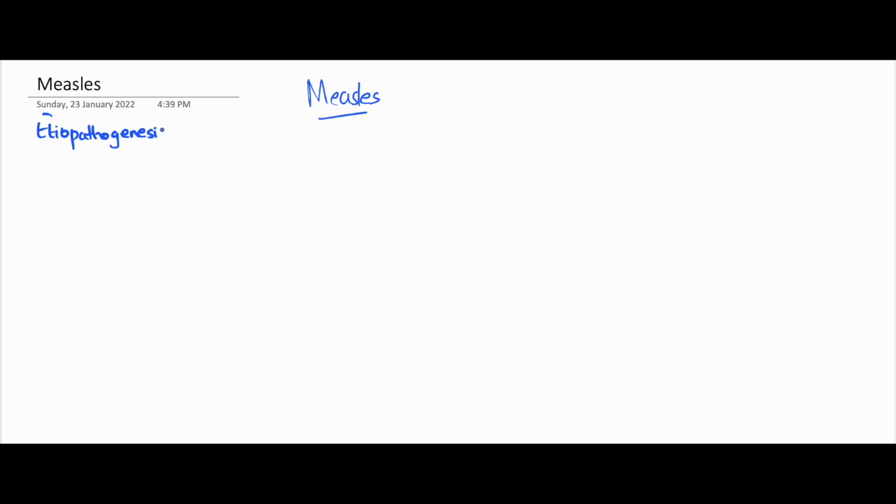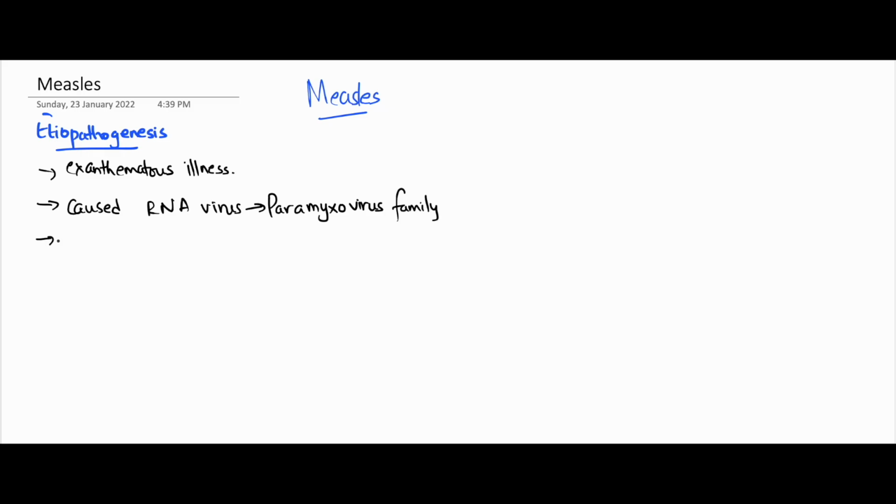So describing the etiopathogenesis, it is a common and serious childhood exanthematous illness caused by an RNA virus which belongs to the paramyxovirus family.